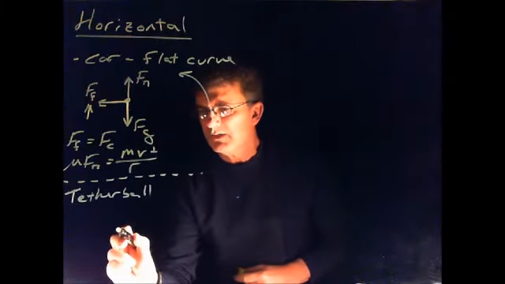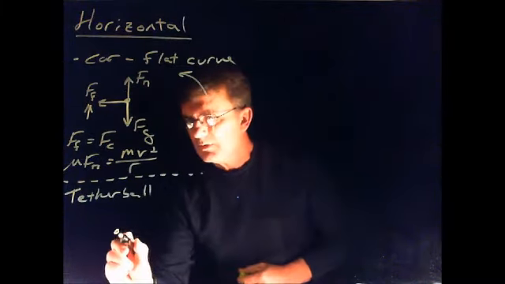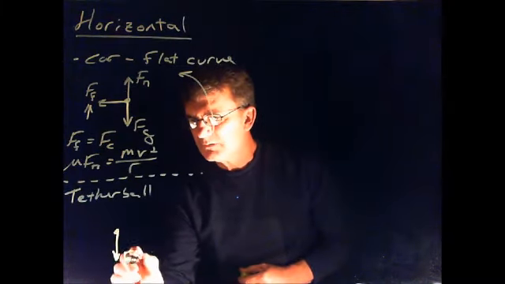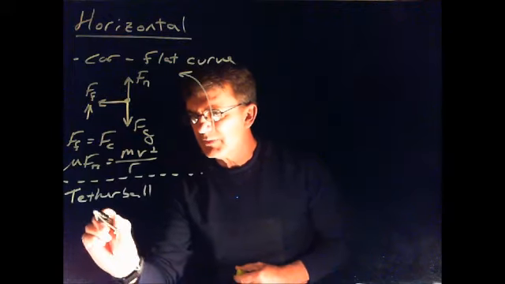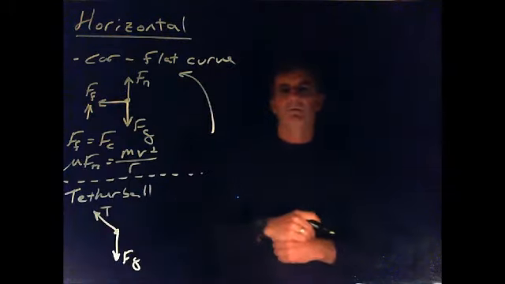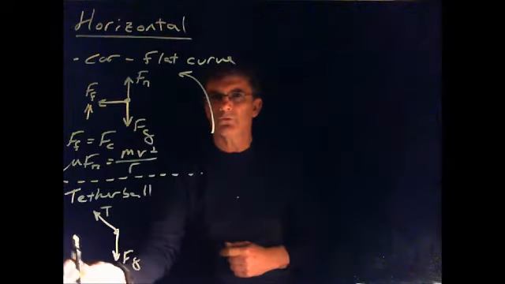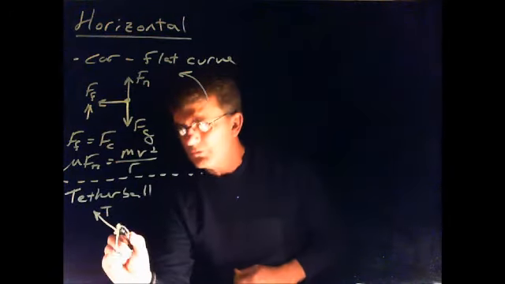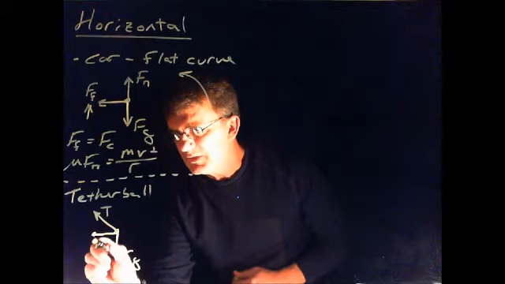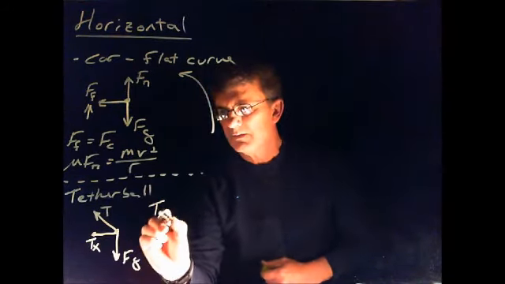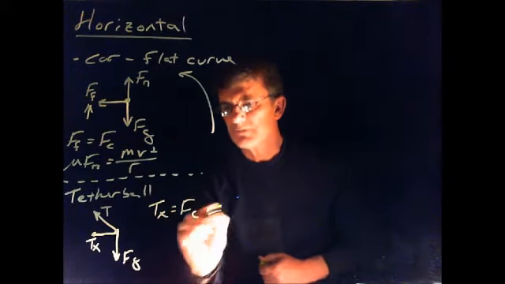So we have the ball circling around, and gravity is pulling it down. The tension might be at an angle, but it's going in a horizontal circle. And so only a component of tension is providing the centripetal force.